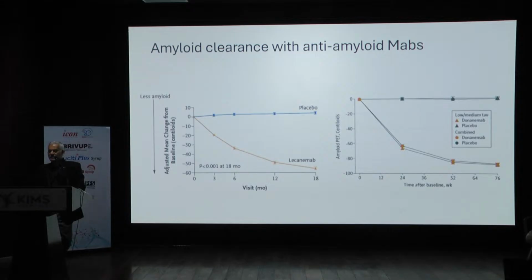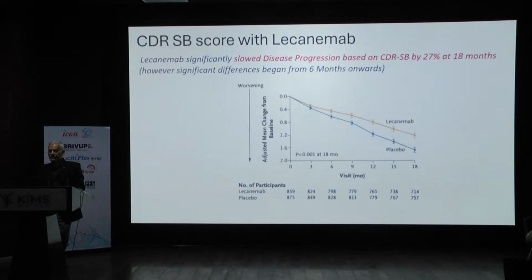Whereas in those who received lecanemab, and also in the donanemab group, low-medium tau or high tau, both showed a clear benefit in the removal of the amyloid from the system. But is it important to the patient? No. Patients or the family members want some clinical improvement.